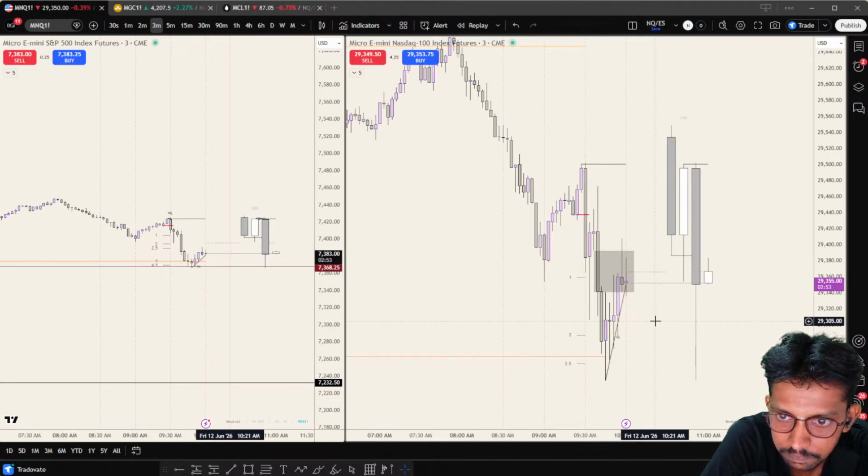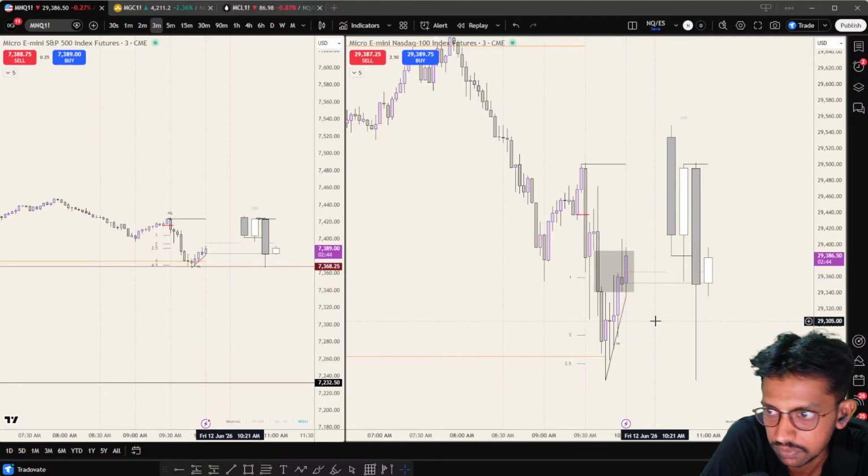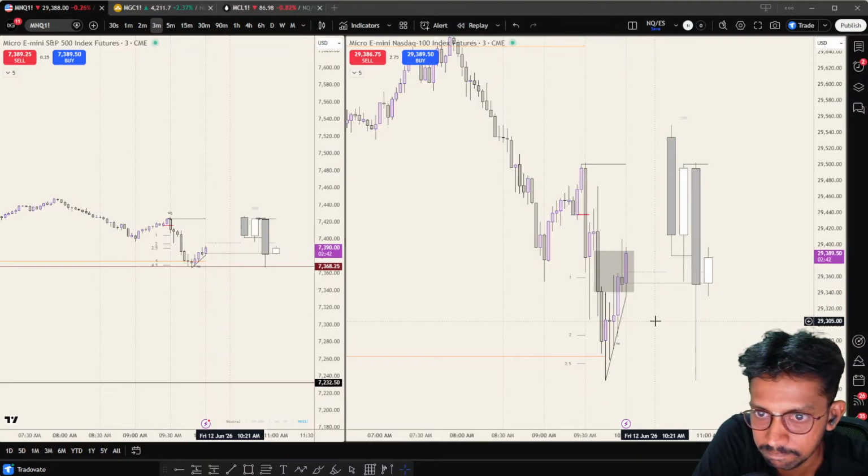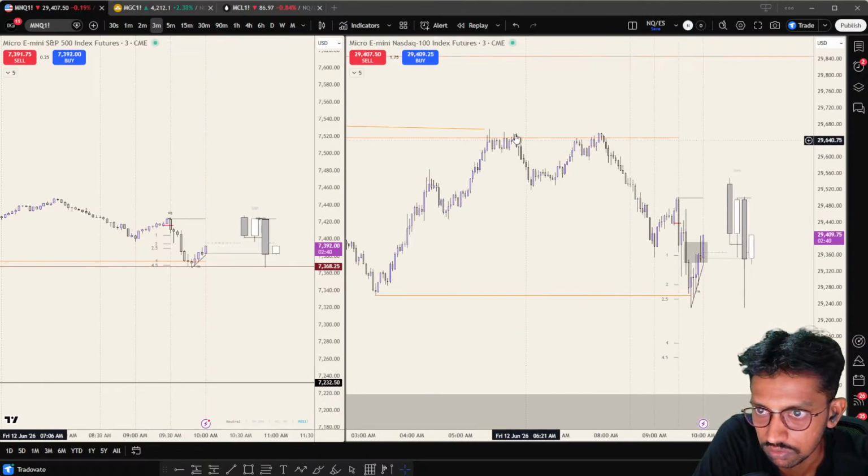Now we'll get a little bit of volatility here. Exactly. Because of the SpaceX IPO, obviously, we are gonna just pump higher, maybe to these equal highs up here.